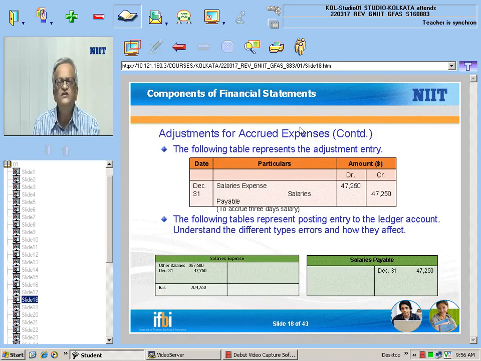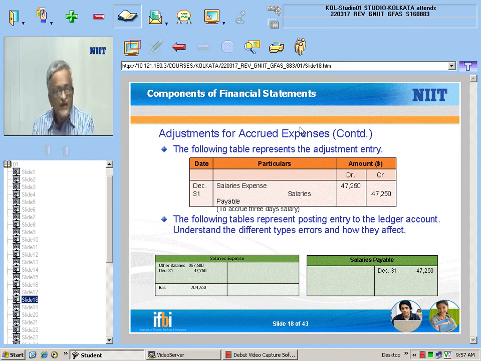So see what is the adjustment entry that has been passed. 31st of December, salary expense account, debit 47,250, salary payable account, that is a liability account, credit 47,250. So as you can see, salary payable account as on 31st of December, balance will be 47,250.